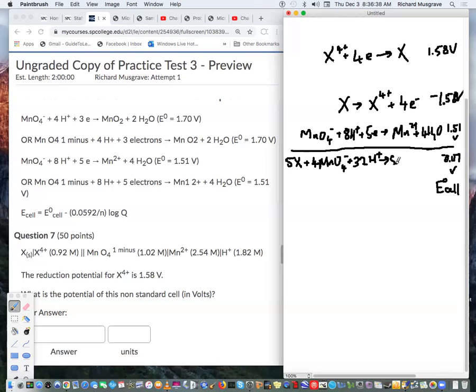Gives 5x4 plus and 4 Mn2 plus, and then 16 waters.